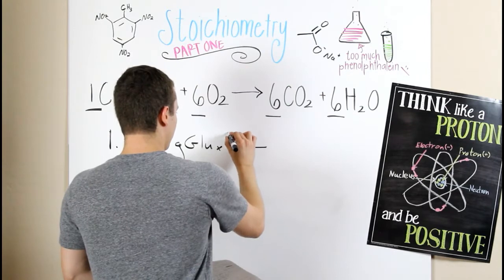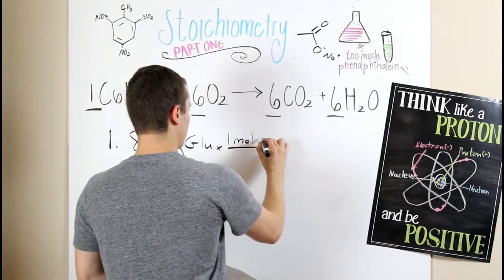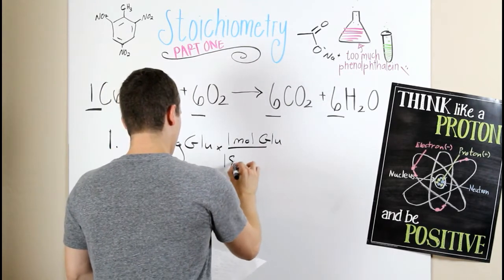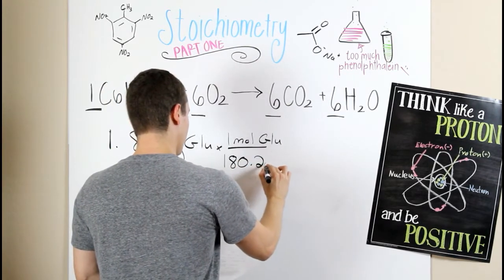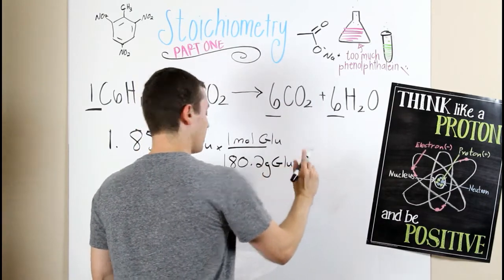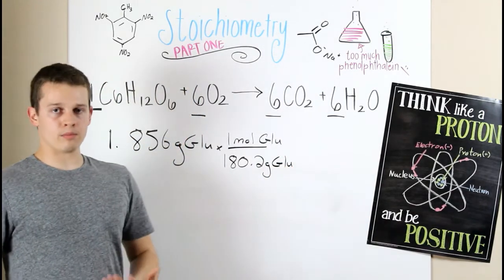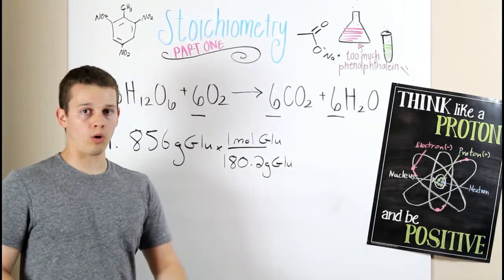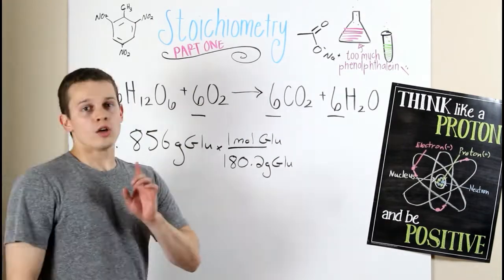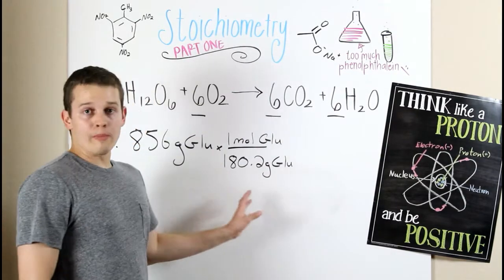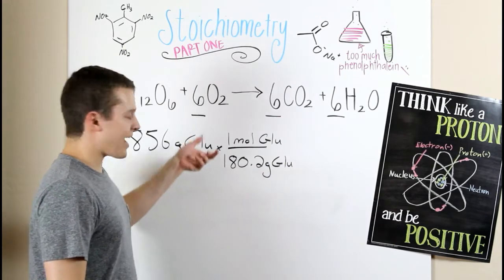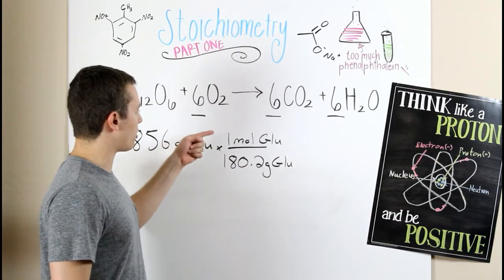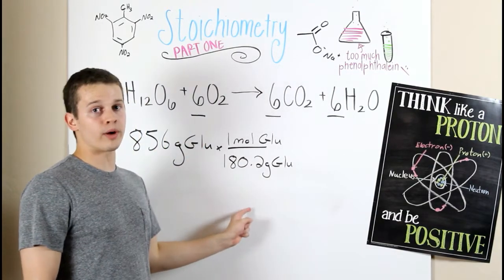So for every 1 mole of glucose, you have 180.2 grams of glucose. Now, we're dividing by the molar mass. We know that the molar mass of something is grams per mole, which means grams over moles. So, if we use the molar mass, which we have flip-flopped, we're dividing by the molar mass. Equivalently, we're saying for every 1 mole of glucose, it weighs 180.2 grams.